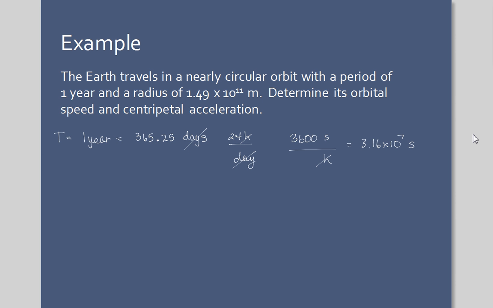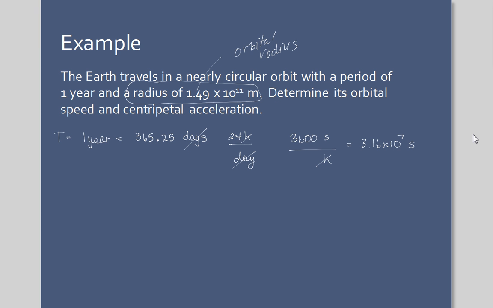Okay, so hopefully you're following along on the calculator, seeing the same numbers. That would be the period for 1 year in seconds, because of course you have to have your standard units. And then this one here is not the radius of the Earth. Remember, this would be the orbital radius that you'd find on your data sheet. It's the radius around the sun on average, because it's not perfectly circular, but it's pretty close.